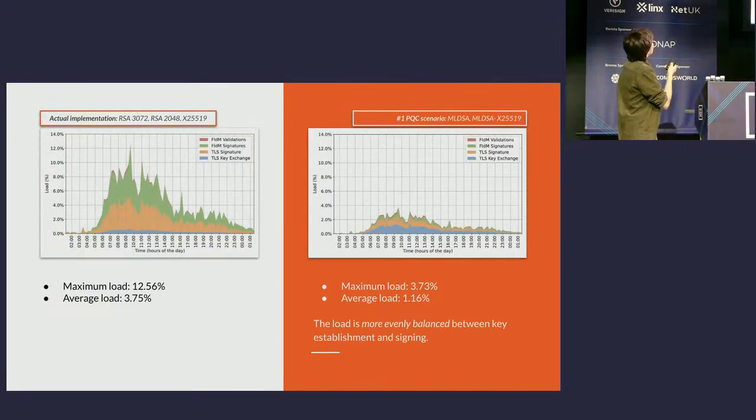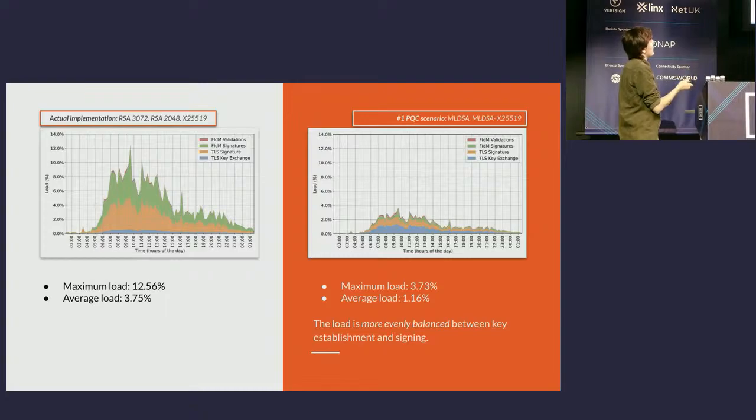So we compare their traditional actual implementation, and we can see that the maximum load that they achieve is 12%, with an average load of 3 and almost 4%. The first PQC scenario is a hybrid key exchange mechanism, which is the one used right now by Cloudflare and Chromium, and a purely PQC lattice digital signature.